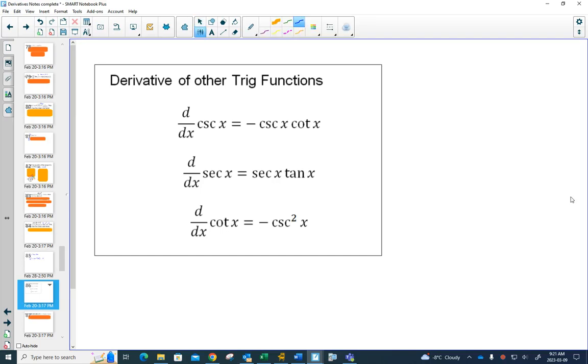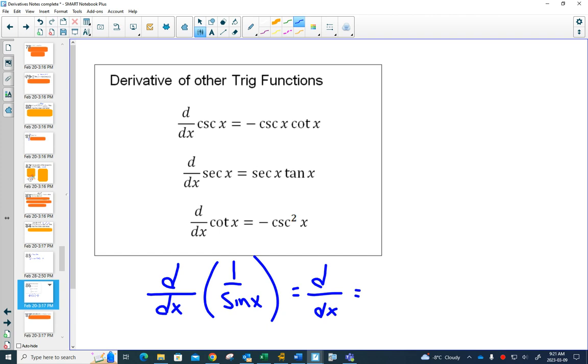So what I would do is if I was trying to find the derivative of cosecant, I would change it to 1 over sine, which, well, I'll write it like this, is just a sine to the negative 1, which is a chain rule for sine.